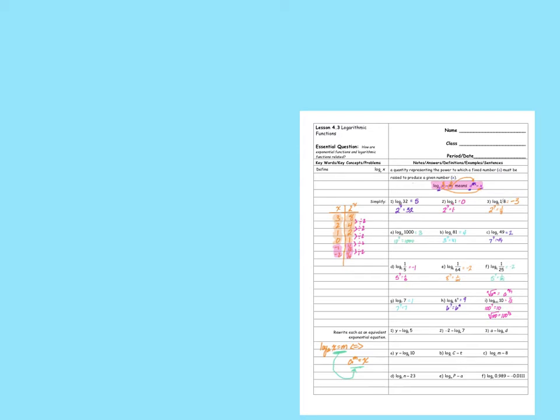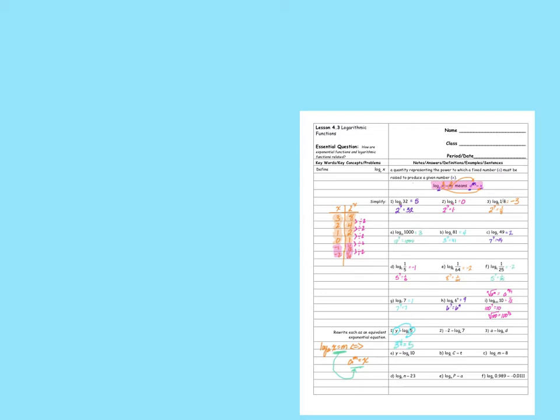So this is y equals log base 3 of 5. My base for this one is going to be 3, because my bases are the same. This stays the same, log base 3, and 3 is the base of my exponent. And then this goes here, and this goes on the other side. So 3 to the y equals 5.